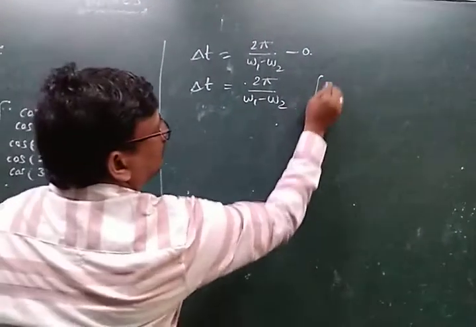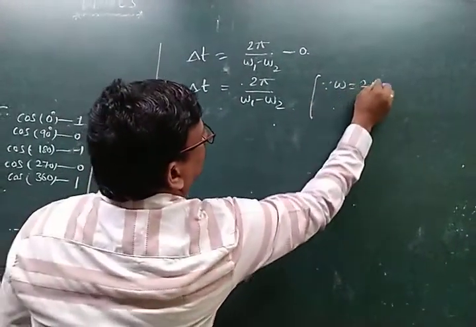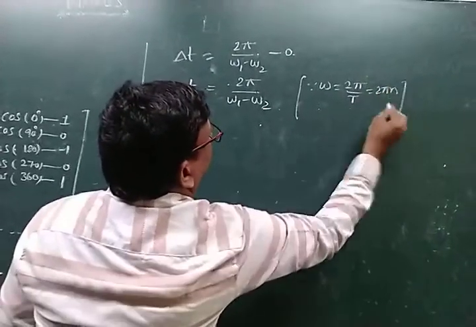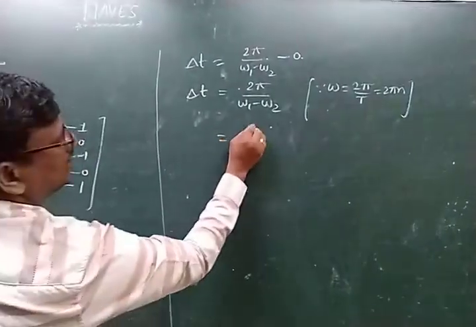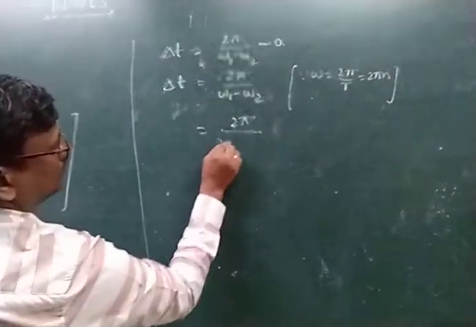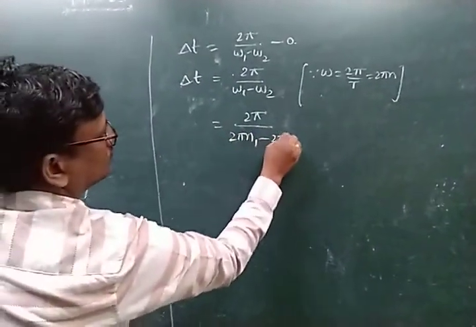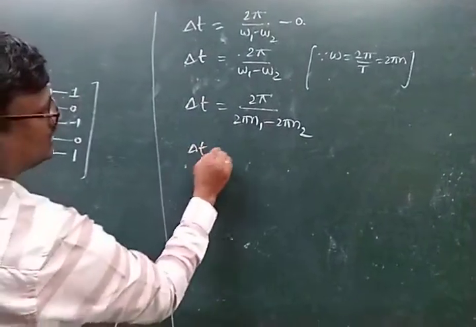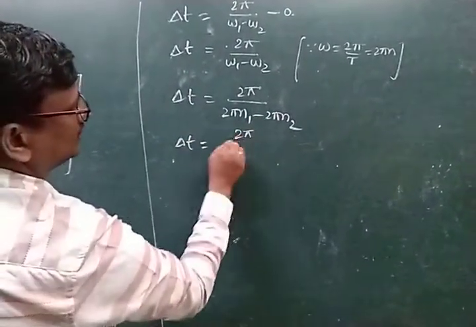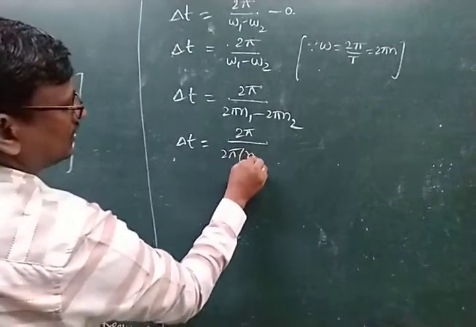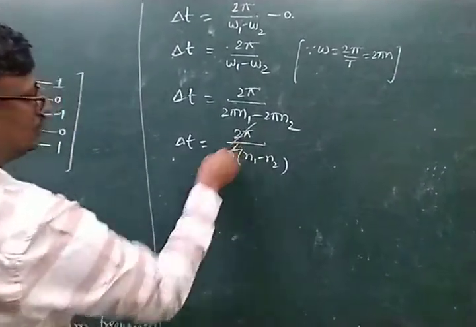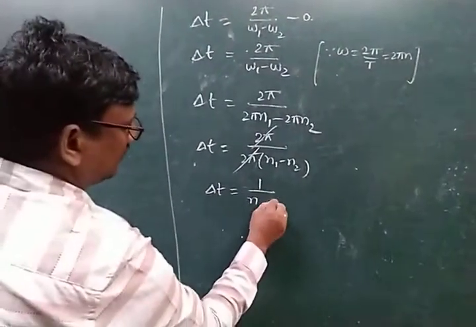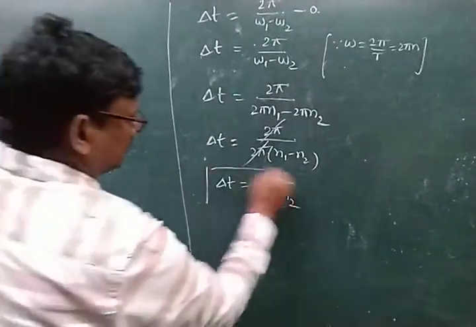Since we know the formula omega is equal to 2 pi by T, and 1 by T is nothing but the frequency, omega is 2 pi into n. Now we get 2 pi by (2 pi into n1 minus 2 pi into n2). Similarly we can write delta t, taking 2 pi common: 2 pi (n1 minus n2). This 2 pi gets cancelled. So delta t is equal to 1 by (n1 minus n2).